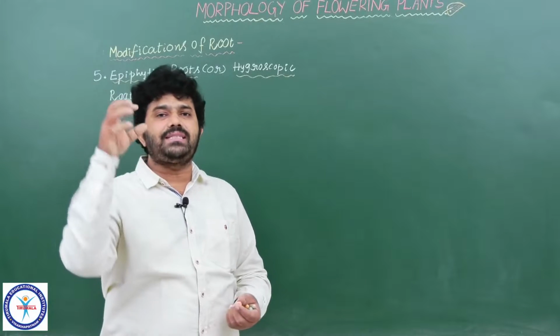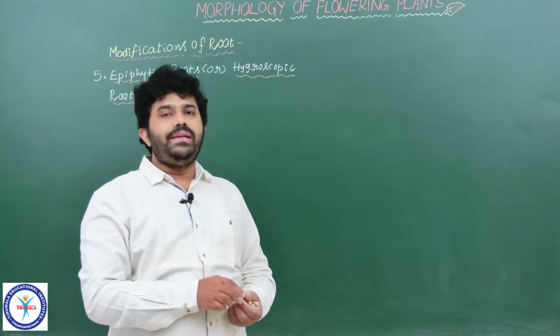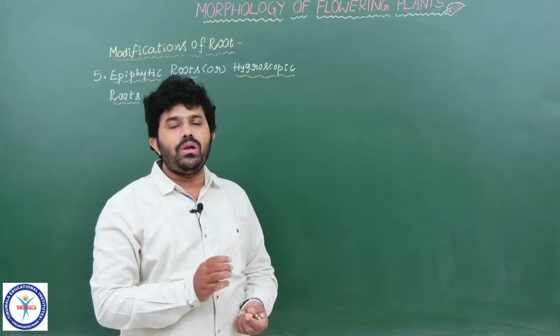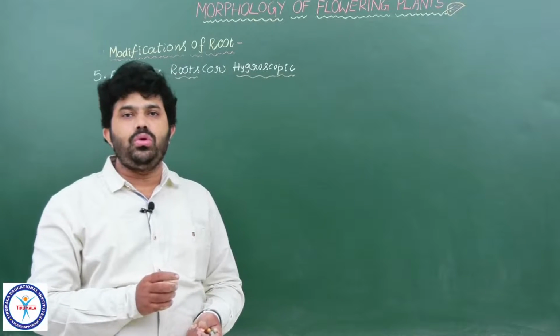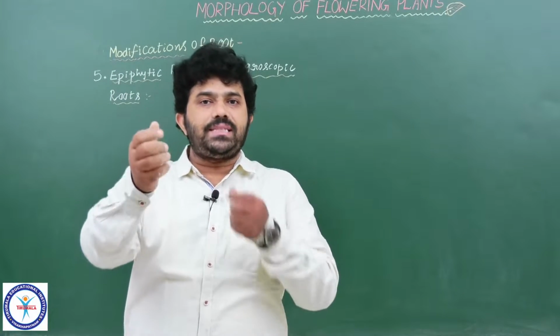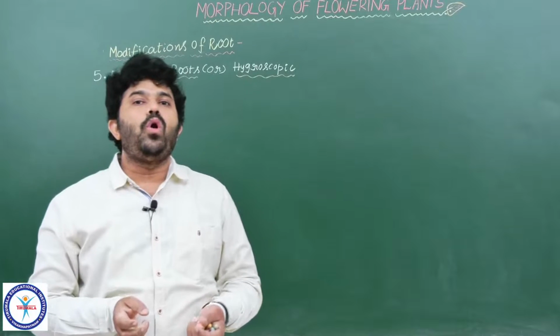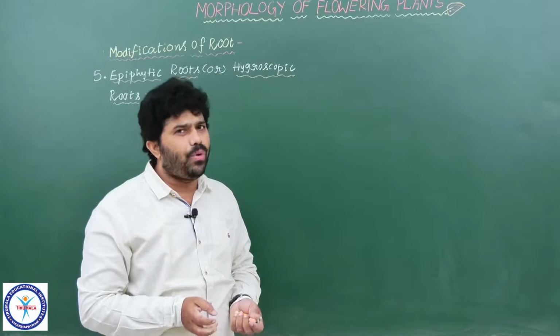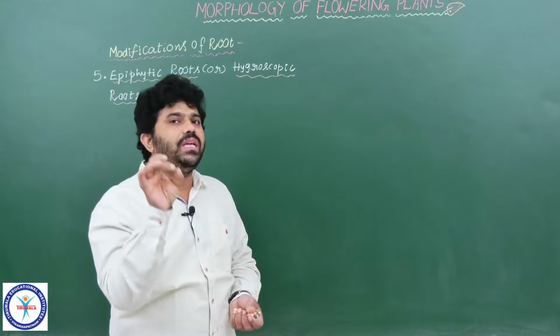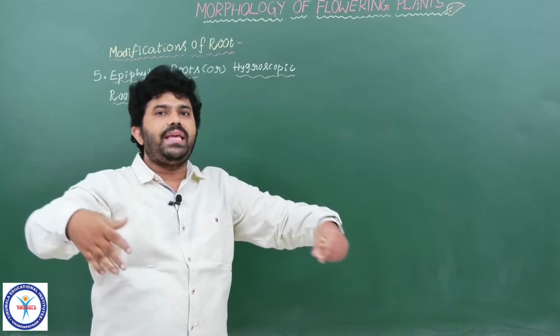Lignified means lignin, a substance present in dead cells, forms a layer of non-living tissue called velamen tissue, which maintains porous properties and is able to get water from the moisture. These porous surfaces are present on the root, which hangs freely in the air.